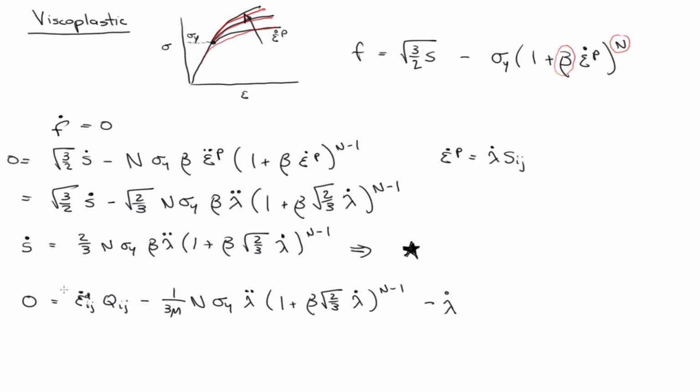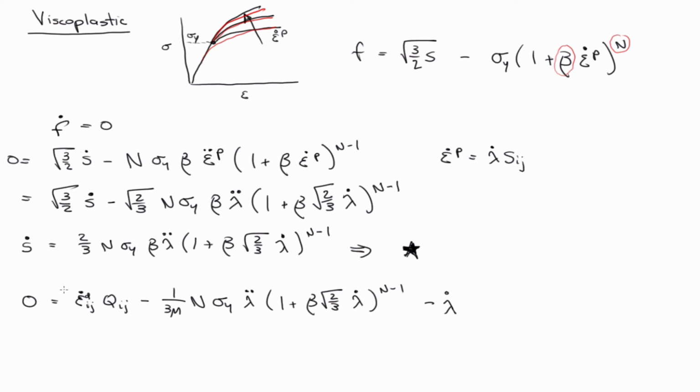So this is known. This is a strain that's driving the plasticity. This is a material constant, material constant, material constant. So the only unknown in this is lambda, or the function lambda, but it's clearly a differential equation, right? Not only that, but a nonlinear differential equation.